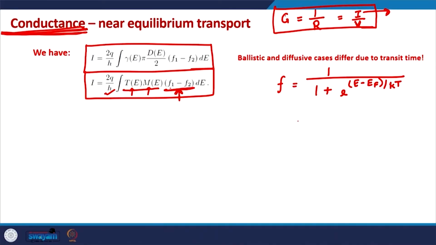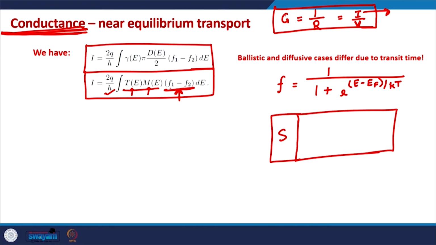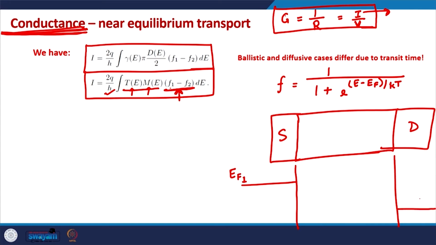So, just for the sake of clarity, let me again draw what we have up to here. We have a source, we have a drain. On the source side, the Fermi level is EF1. On the drain side, when we have applied a voltage, the Fermi level is EF2. The Fermi function on source side is F1, the Fermi function on the drain side is F2.